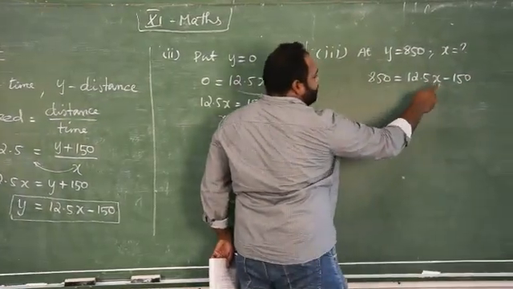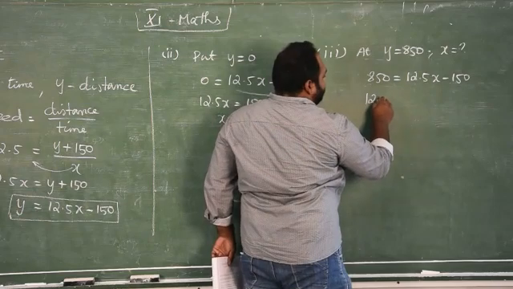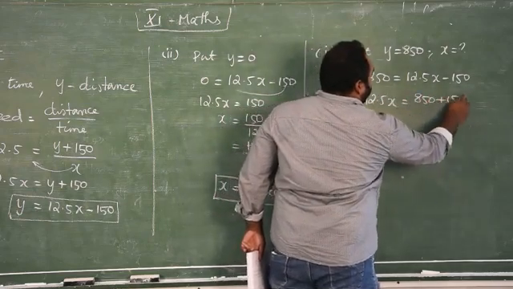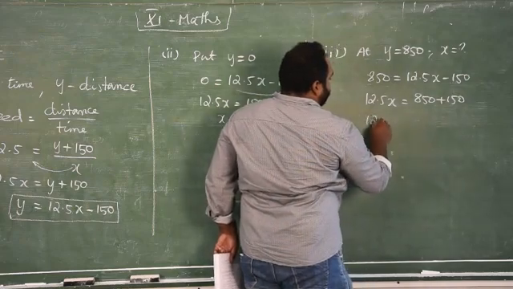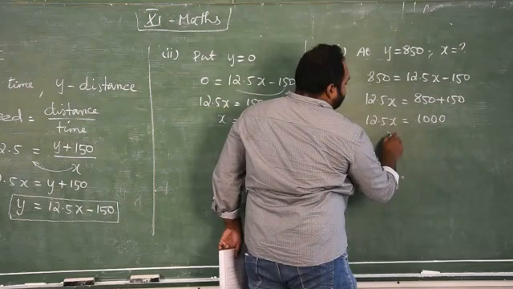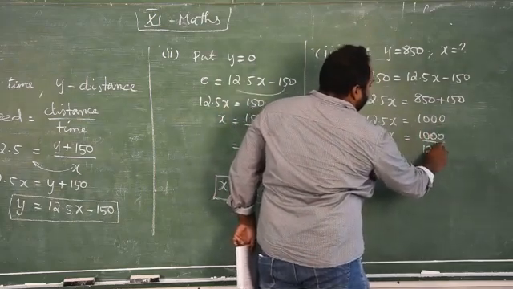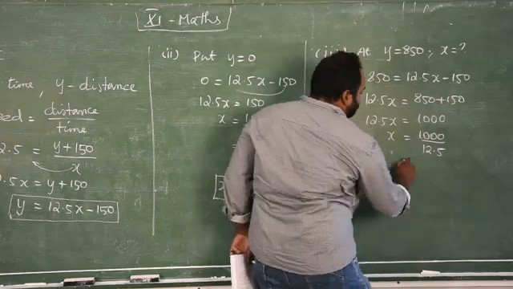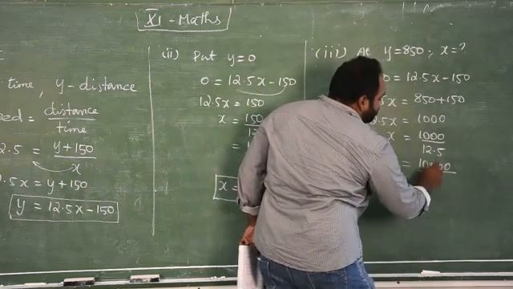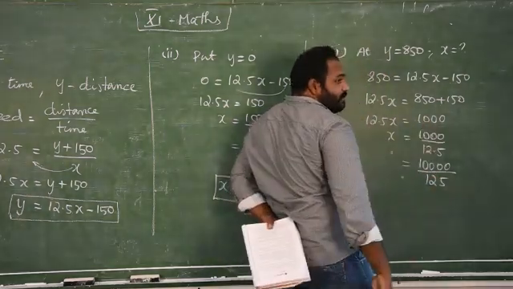So we have to find the x value, so carry other values to the other side. 12.5x equal to 850 plus 150. So 12.5x equal to 1000, x equal to 1000 divided by 12.5. Before cancel, remove the decimal: it will be 10000 by 125, just multiply and divide by 10.